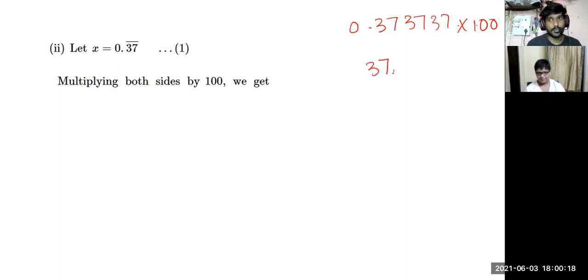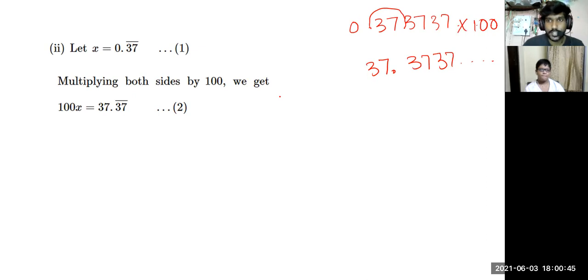So 37 point, shift. 37, 37 dot. So after multiplying 100 on both sides, what will be the equation? 100x equals 37.37 recurring.